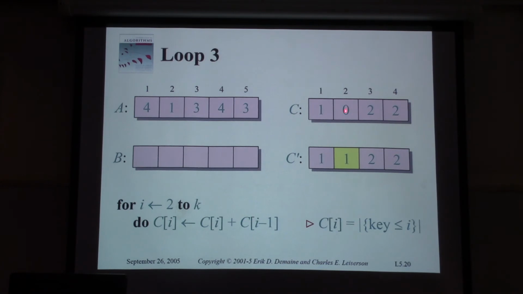So C2 will get the value of C2 plus the previous. That's how it gets to 1. This one will get itself plus the previous, so it's going to go to 3. And this one gets itself plus what's previous, so it's going to go to 5. So the C prime array now has a cumulative distribution of the elements.